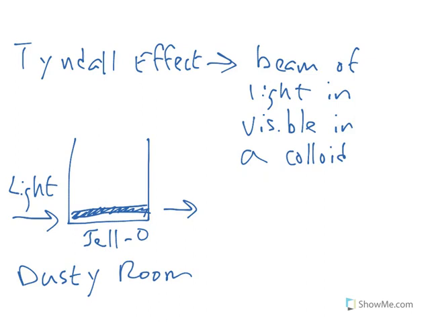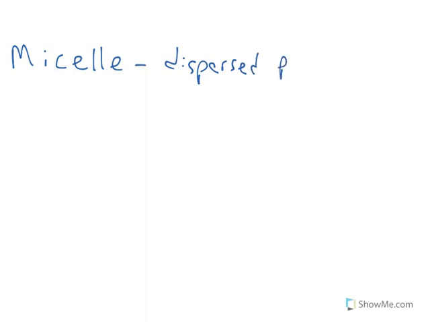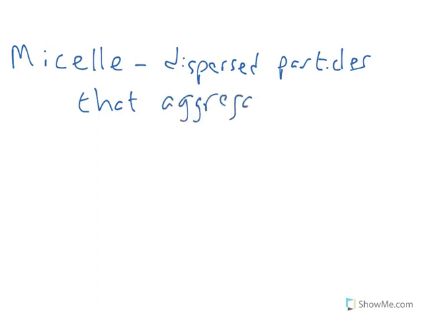All right. Another thing we're going to talk about with colloids is that the particles that can disperse in them can be called micelles. They are dispersed particles that aggregate via intermolecular forces.